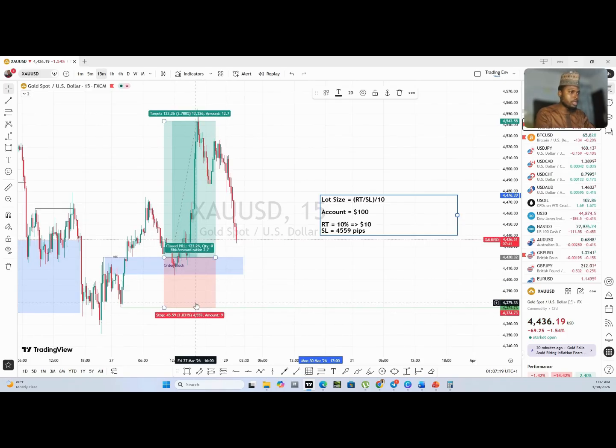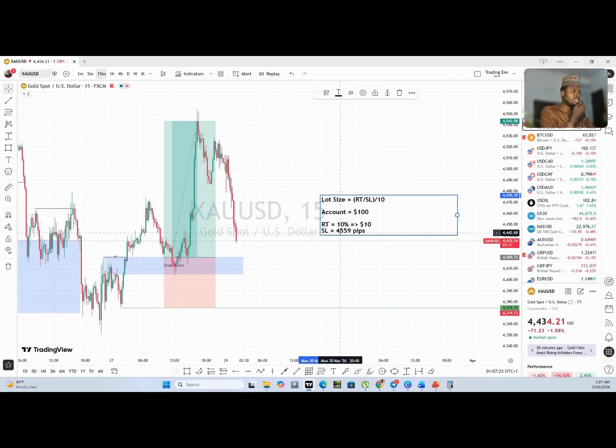We got it from here, as you can see, 4,559. You cannot use this exactly to calculate your lot size. What you have to do first is divide this by 10. So let's divide it by 10.